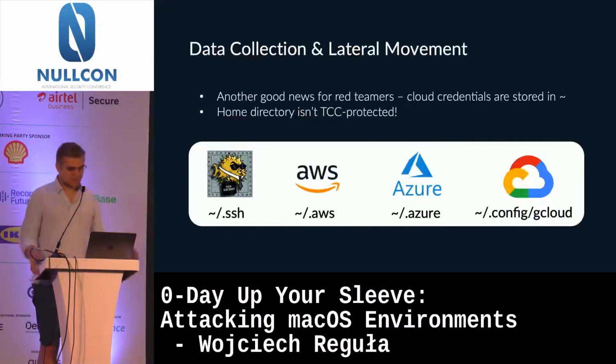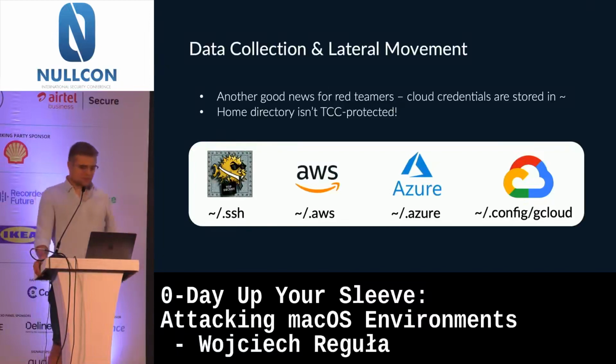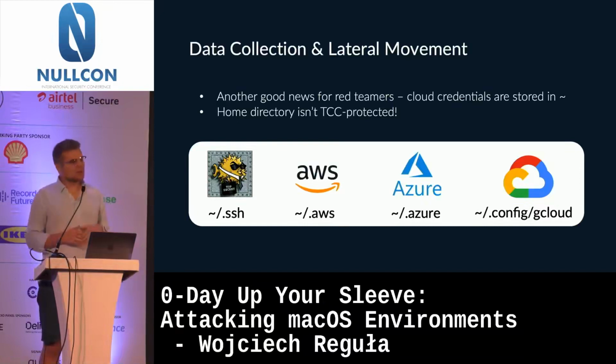Okay, so we have our TCC bypass, but there is one more thing. With the TCC bypass, we were able to access Desktop, Documents, Downloads, and other protected resources. But what about the cloud keys, the cloud credentials? Good news for red teamers.